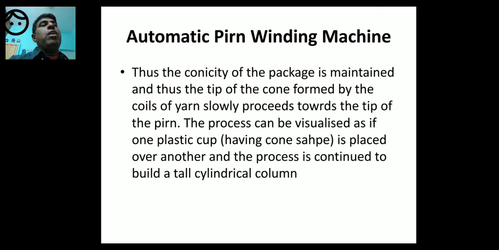coils of yarn slowly proceeds toward the tip of the pern. The process can be visualized as if one plastic cup having cone shape is placed one over another, and the process is continued to build a tall cylindrical column.